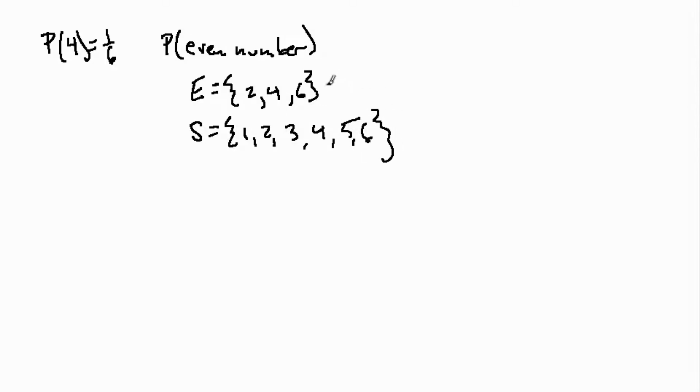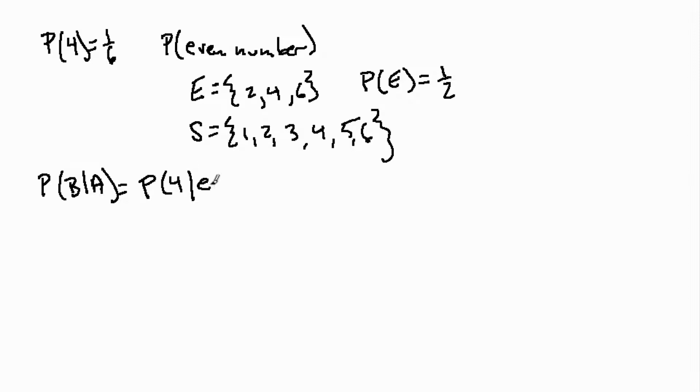So the probability of rolling an even number would just be 3/6. The probability of A would just be 1/2. Now, if we go back to our previous example, what's the probability of B given A? And remember, that was the probability of a 4 given an even number.